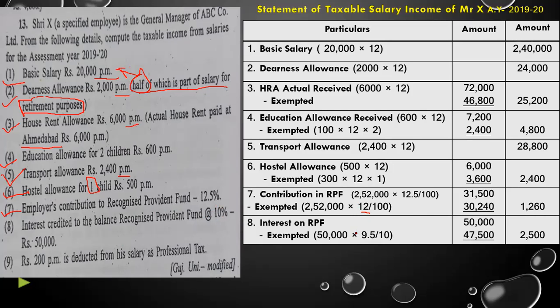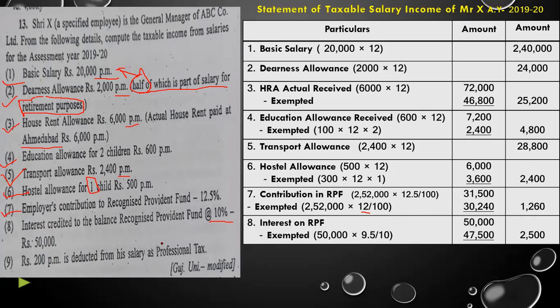How much is for 9.5%? So 50,000 into 9.5 by 10, that is 47,500. So always remember, whichever amount is given, we'll multiply that amount with 9.5% and divide by whichever percentage is given, so we'll get the exempted interest. So 47,500 will be deducted from 50,000 and we'll get the amount 2,500.